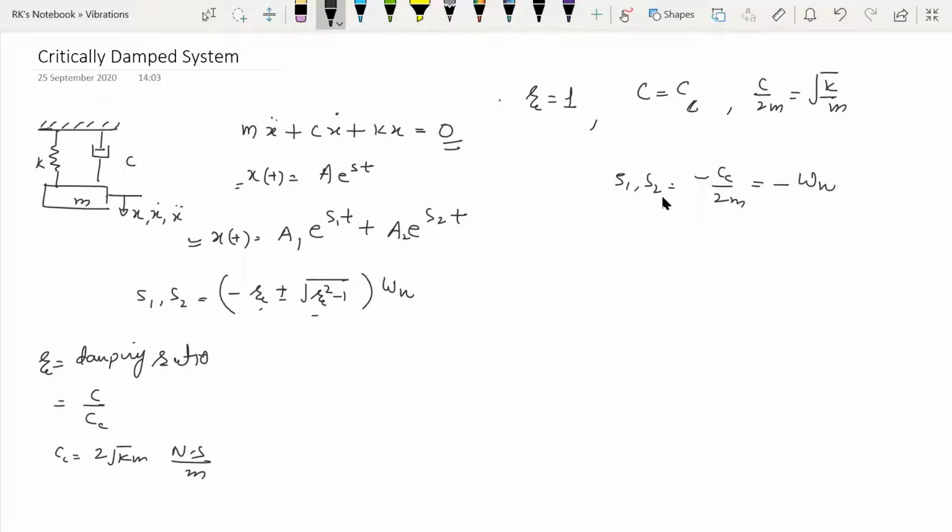So we can say if both of the roots are real and identical, then the system is critically damped.